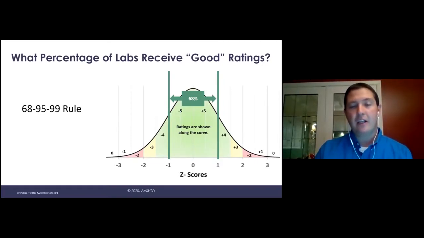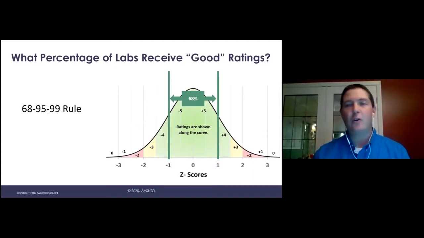I want to make it clear, though, that this 68% of the data is the core data that we use in our analysis. At some point, we're probably going to go into a deeper dive with one of these presentations on how the actual proficiency sample program analysis works, to go into the whole process of removing invalid data, unpaired data, and what we also consider outlying data, till we get to what we consider the core data.